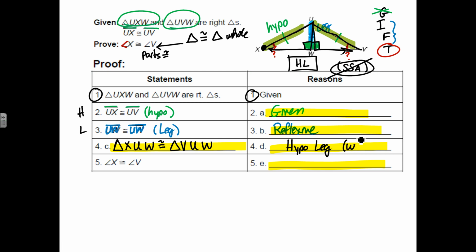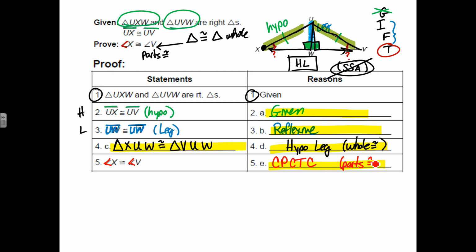Write the words "whole congruent." And if the whole is congruent, then the parts are congruent, which are the two angles that you're trying to prove. Corresponding parts of congruent triangles are congruent.